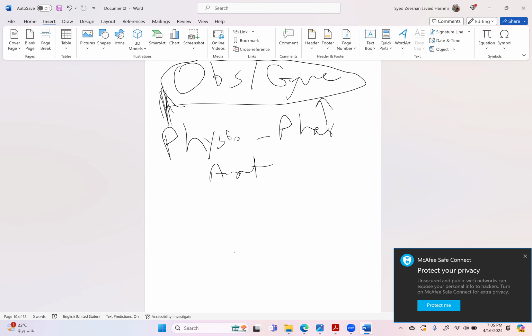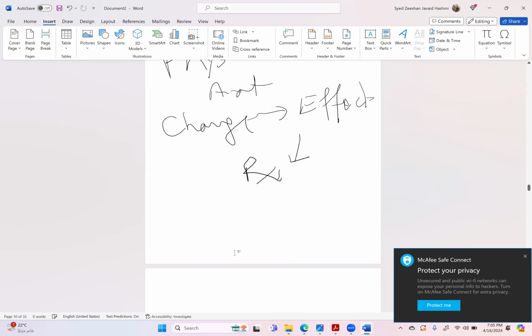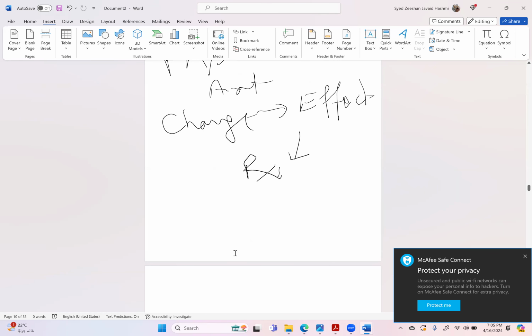Yesterday I forgot to mention this point. You can divide your management, your concern, in three steps: what is the change, what is the effect of that change, and how you manage.